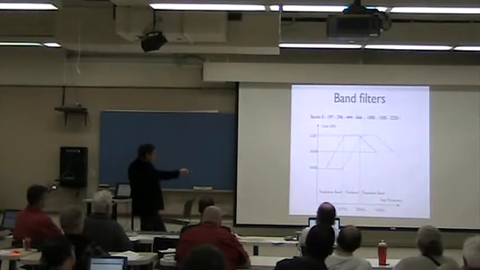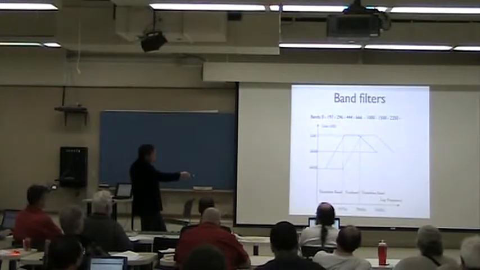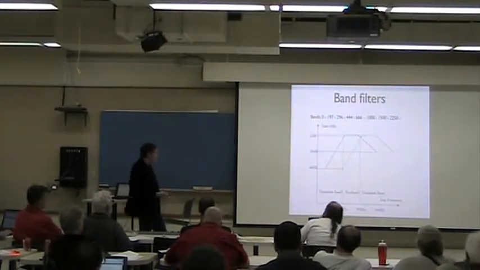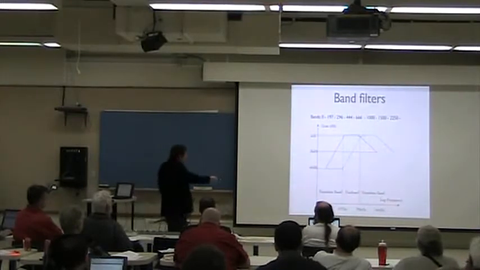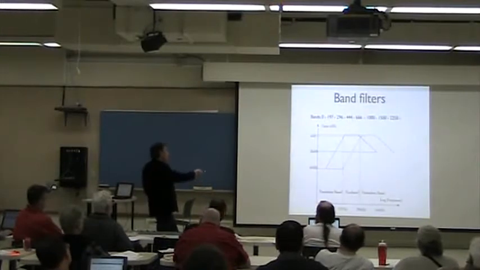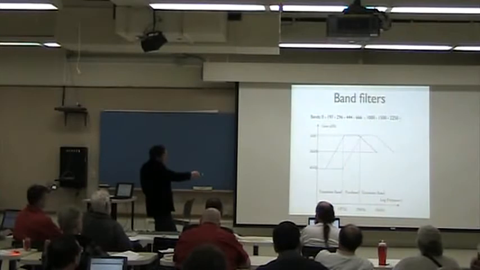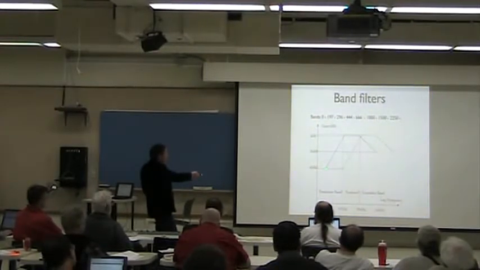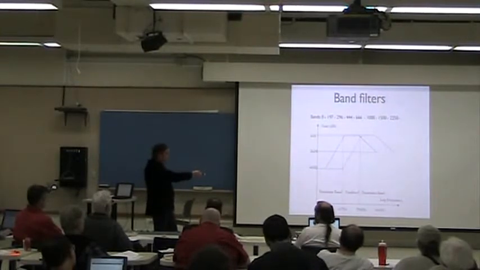The transition band to the left is supposed to be sharper than the transition band to the right. And the start of the pass band of the next band is supposed to match the point where the transition band has dropped 60 dB of the gain.